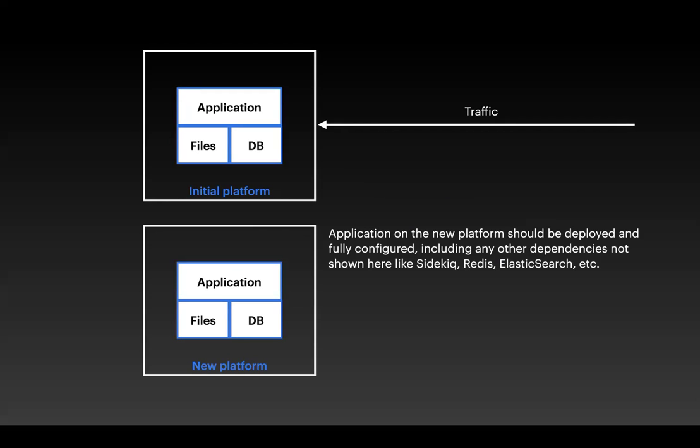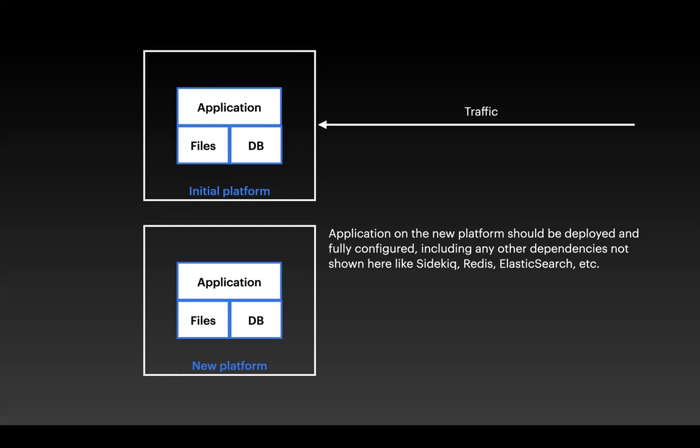What you see at the top here is a live application which is being used by users, and the most simple description of the stack is that you have the application on top, which is using a database and storing some files. Let's say, for example, files uploaded by the users or generated by the users, right? And you want to migrate this to a completely different platform.